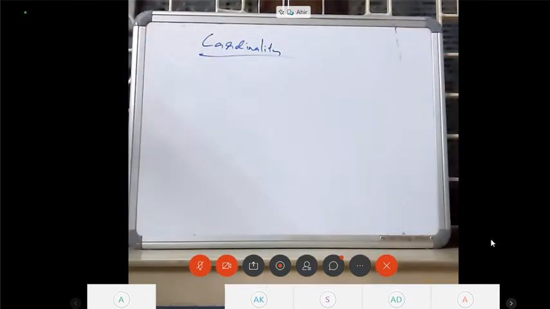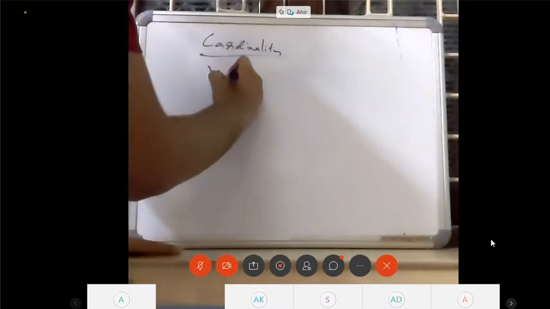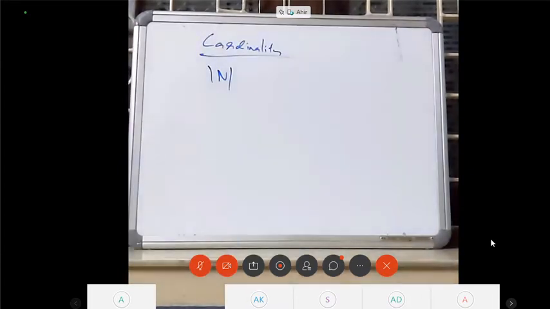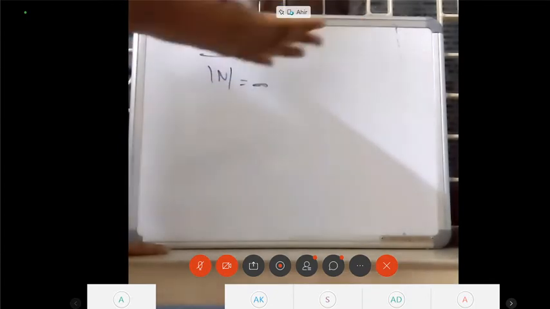So now let's look at the cardinality of these sets. What would be the cardinality of the set of natural numbers? Infinity? Yes. Why? Because there are infinite natural numbers. So the cardinality of natural numbers is infinite because it has an infinite number of elements.